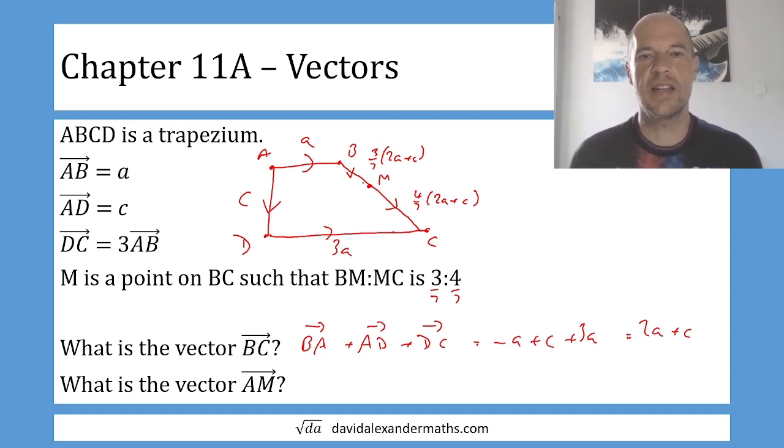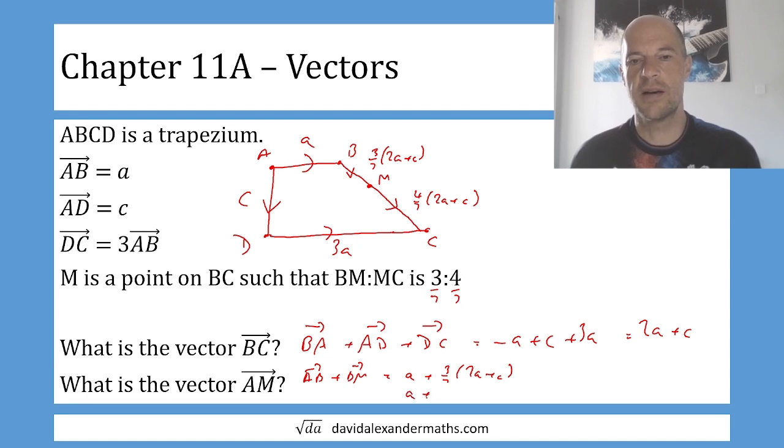To go from A to M, I'm going A to B plus B to M. So that is the vector AB plus the vector BM. The vector AB is A, and the vector BM is 3/7 of 2A plus C. So that is A plus 3/7 times 2, which, as I said before, is 6/7 A plus 3/7 C. And a full A is 7/7.